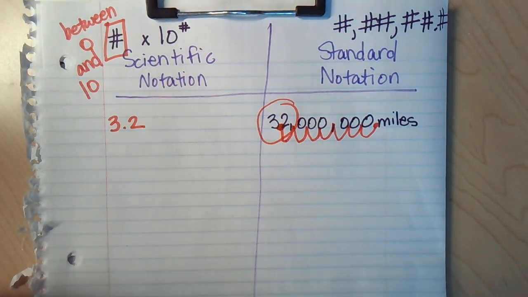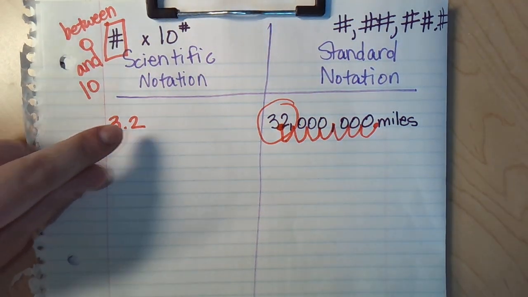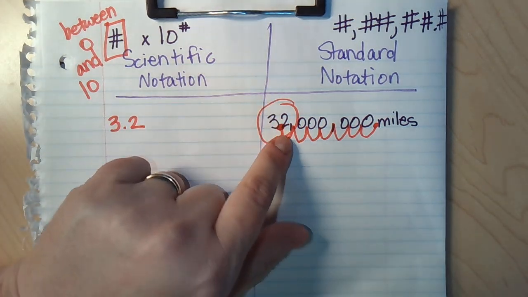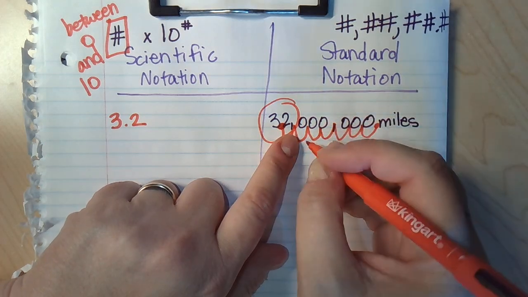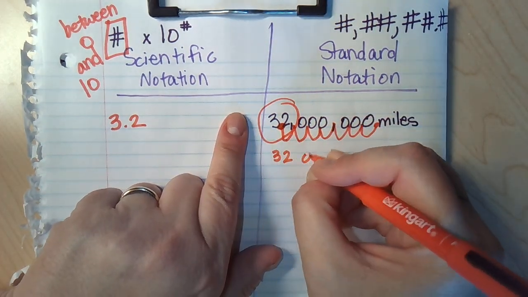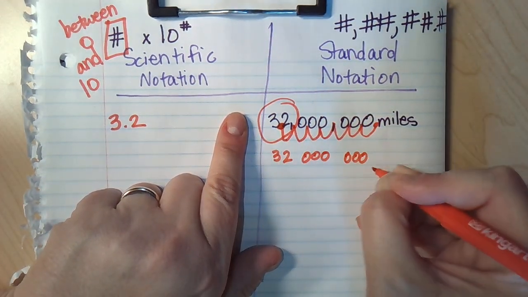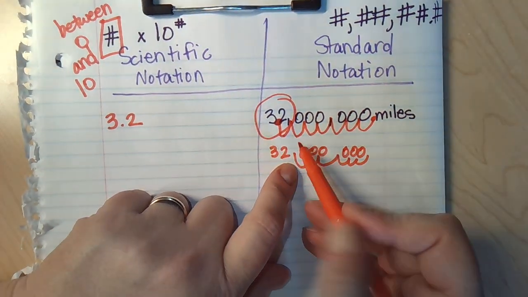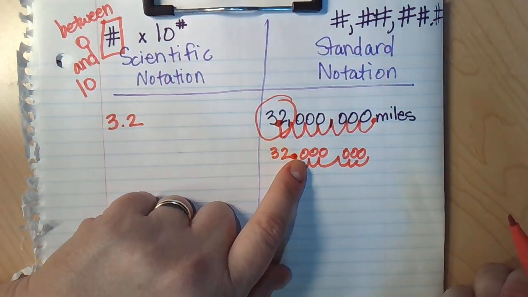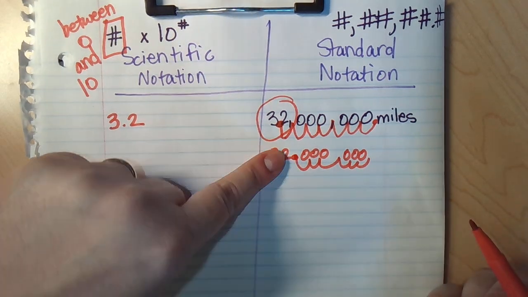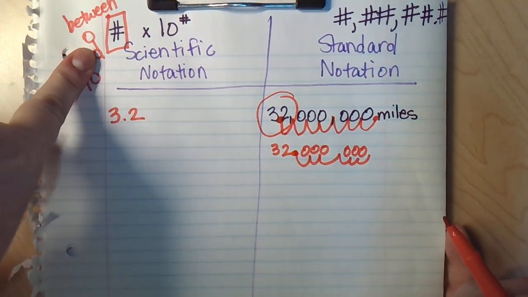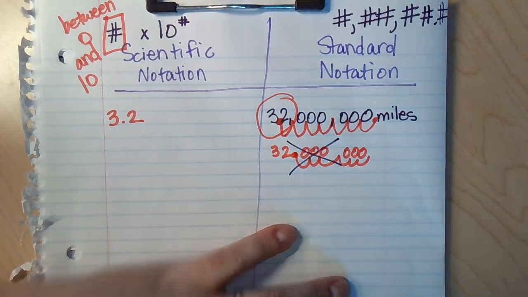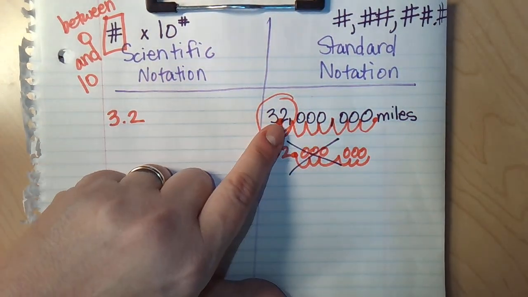And it should be something like one number, decimal, another. So here, if I would have stopped moving the decimal right here after the 2, that means I would have the number 32. But I need a number in between 0 and 10. So that's why I made another movement. Okay, so I landed at 3.2.